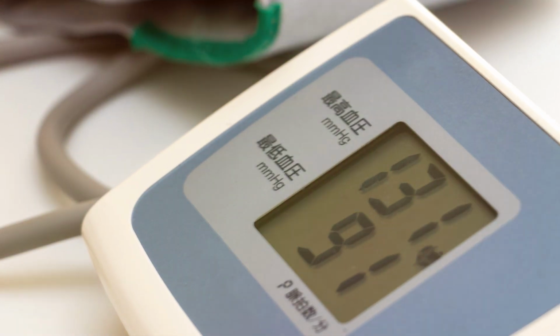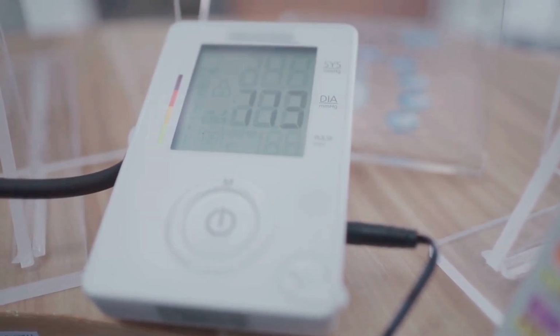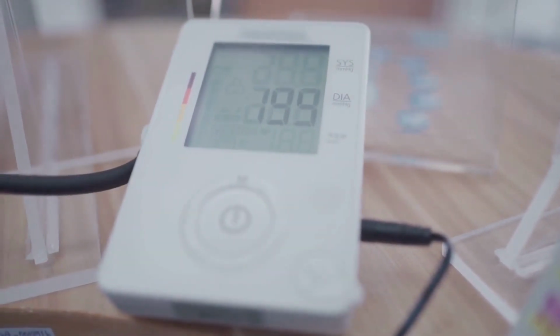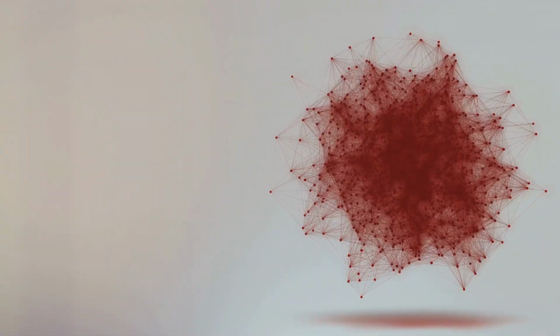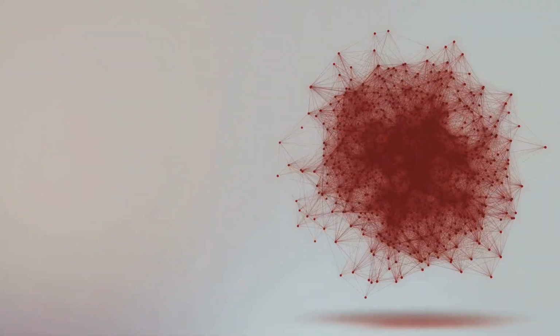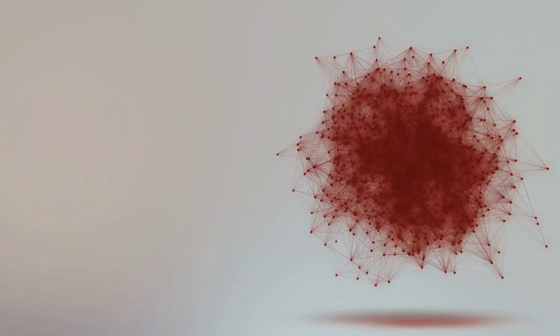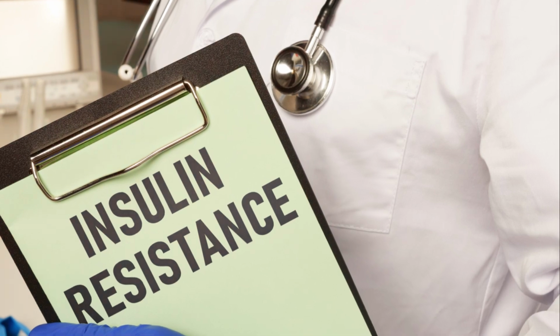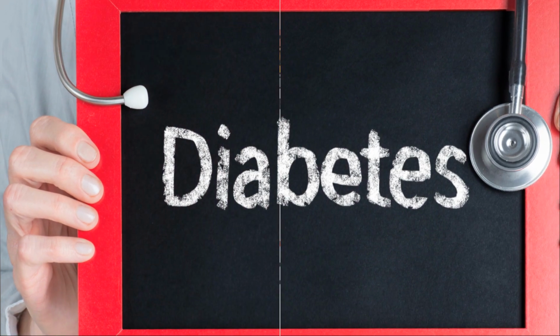This syndrome is a cluster of conditions including high blood pressure, high blood sugar, excess body fat around the waist, and abnormal cholesterol levels. Understanding the relationship between insulin resistance and metabolic syndrome is crucial, as it can have a significant impact on our health, potentially leading to serious complications like heart disease and type 2 diabetes. So buckle up and get ready to delve into the world of insulin resistance and metabolic syndrome.